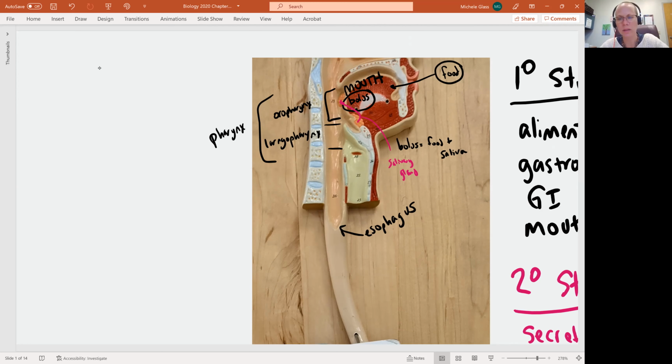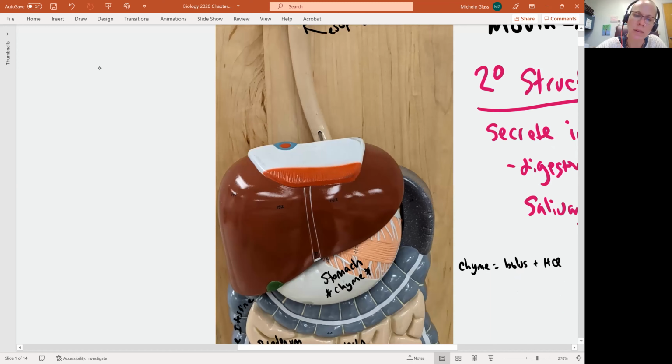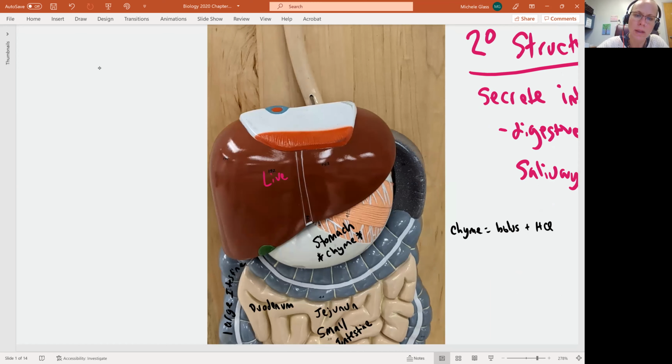We can also see the liver here. This is a really big organ right underneath the diaphragm in the abdominopelvic cavity. It's hiding the connection of where the esophagus meets up with the stomach. And it's actually hiding the pancreas. So we're not able to see the pancreas on this particular model. We can see kind of poking out underneath the liver, the gallbladder. So I have a couple other images that I'll share with you for that.